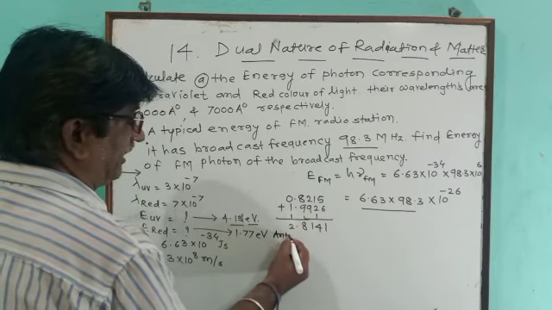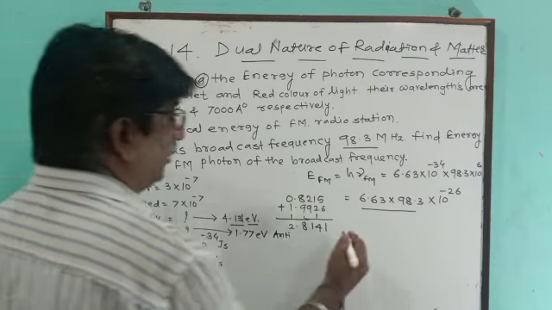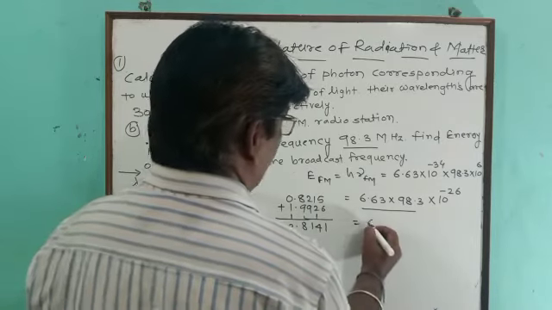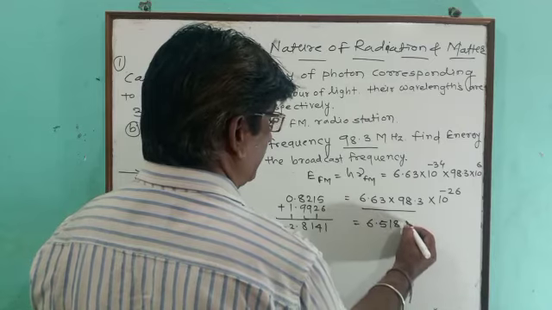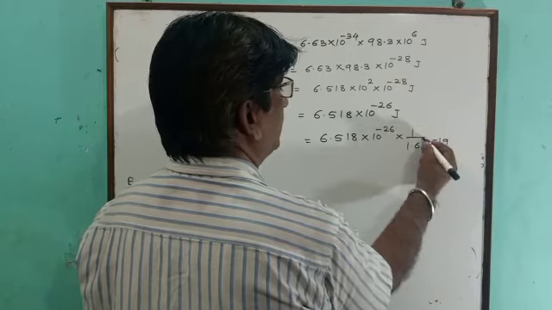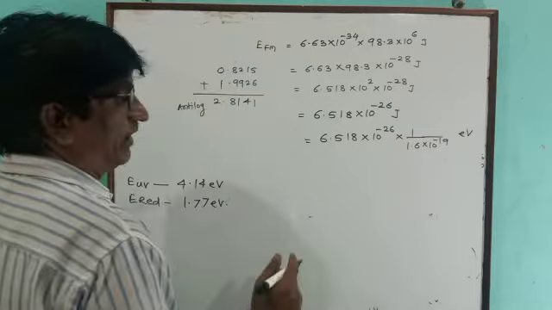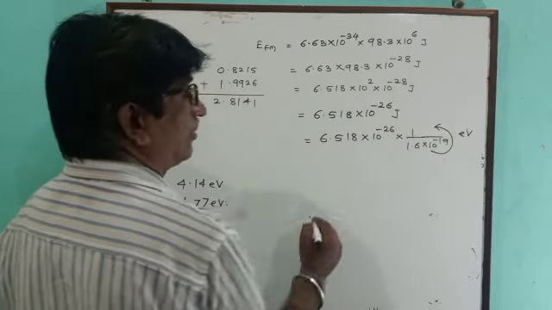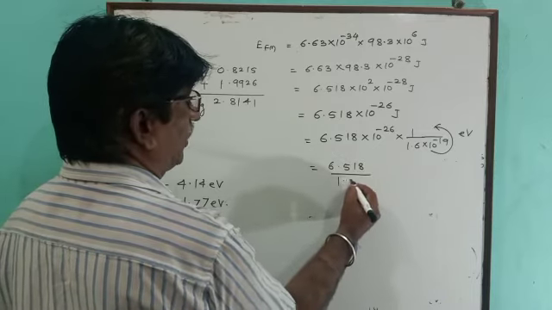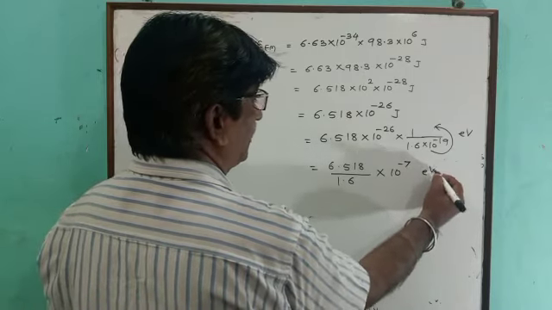If we take the antilog, it will be 6.518 into 10 to the power minus 26 joule, divided by 1.6 into 10 raised to minus 19 for electron volt. This 10 raised to minus 19 moves to the numerator, so 6.518 upon 1.6 into 10 raised to minus 7 electron volt.